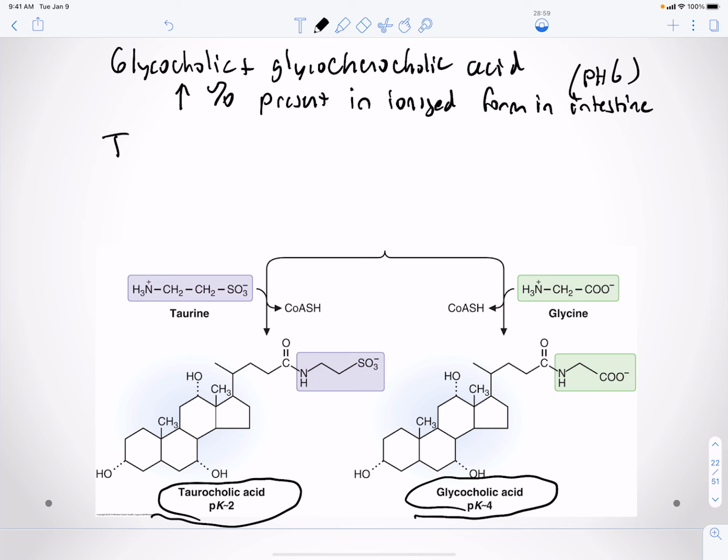In your taurine conjugates, you have a greater percentage ionized in the gut. I'll put three arrows.